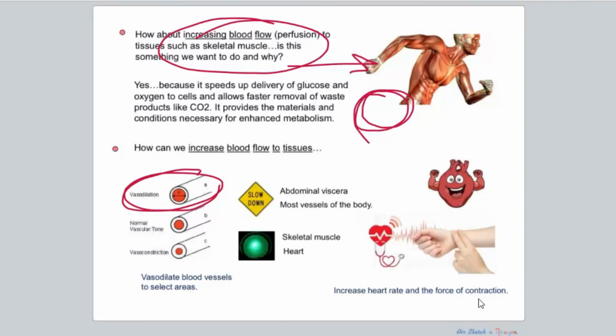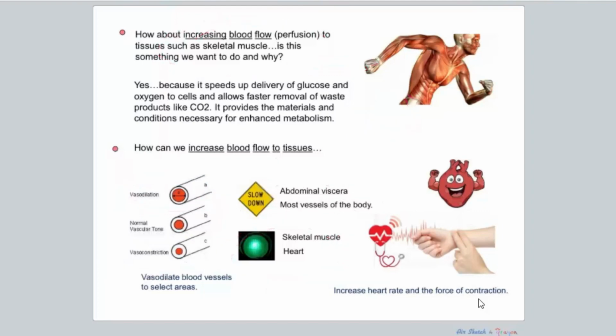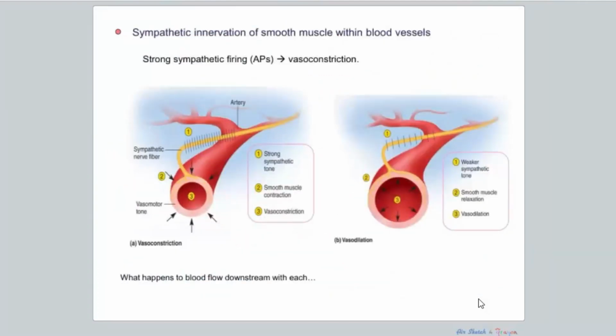And in fact, it vasodilates blood vessels that go to the skeletal muscle and also the heart because those places need more blood. But at the same time, it's going to restrict blood flow. It's going to vasoconstrict blood vessels that go to the abdomen and also most vessels of the body because now the abdomen's not a priority in this exercise situation. And that's how it can do that.